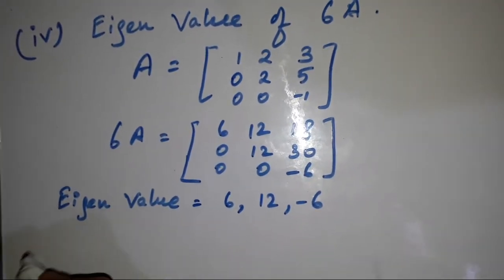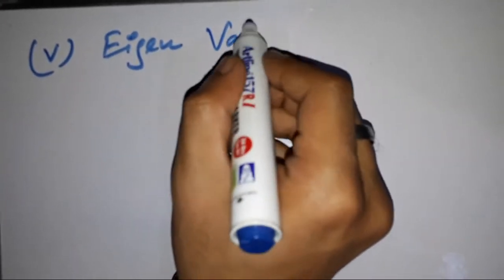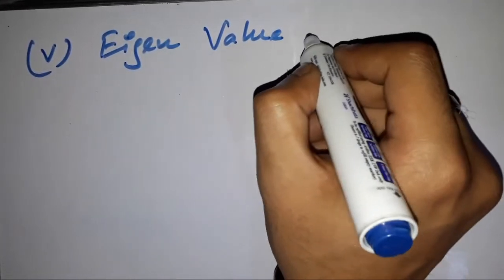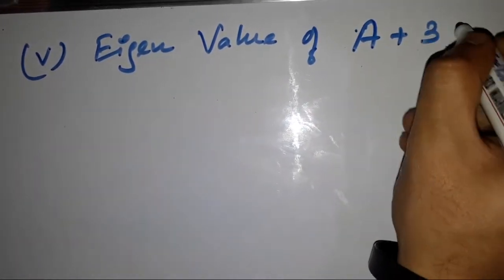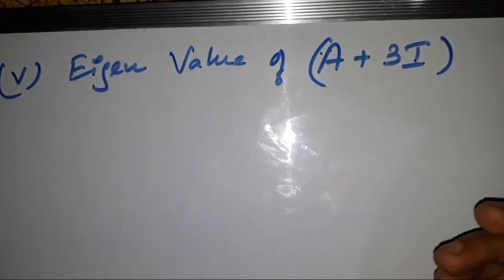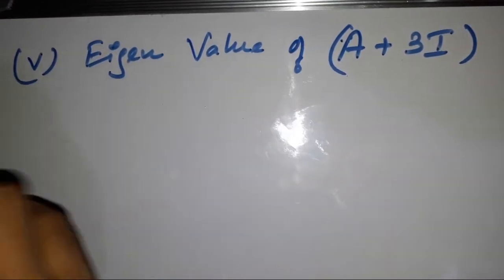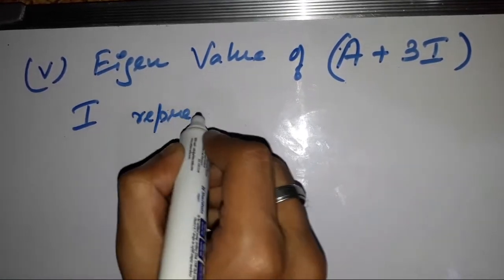Now the fifth one is quite important. We have to find the eigenvalues of A plus 3I. Here I represents the identity matrix.